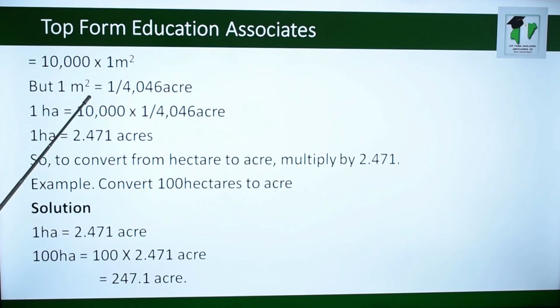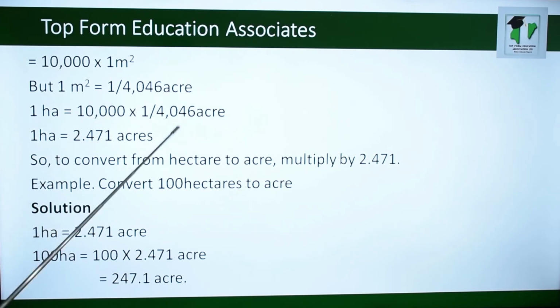But 1 meter squared is 1 over 4,046 acres. Now 1 hectare is equal to 10,000 times 1 over 4,046 acres. And 1 hectare is equal to 2.471 acres.